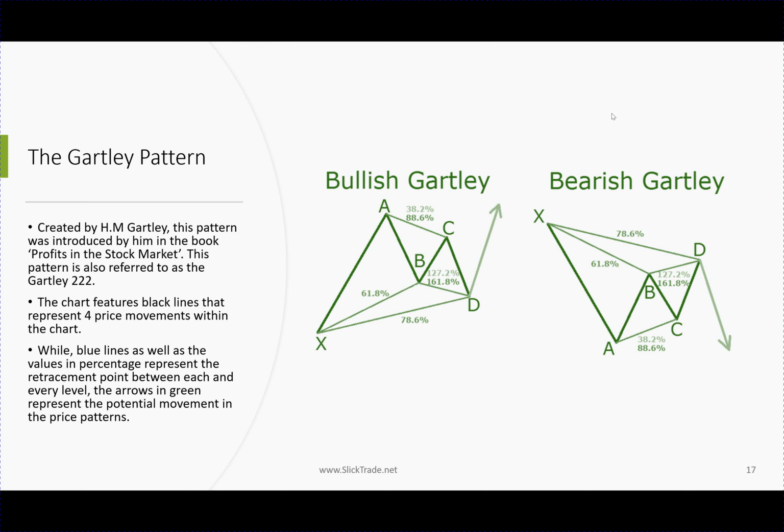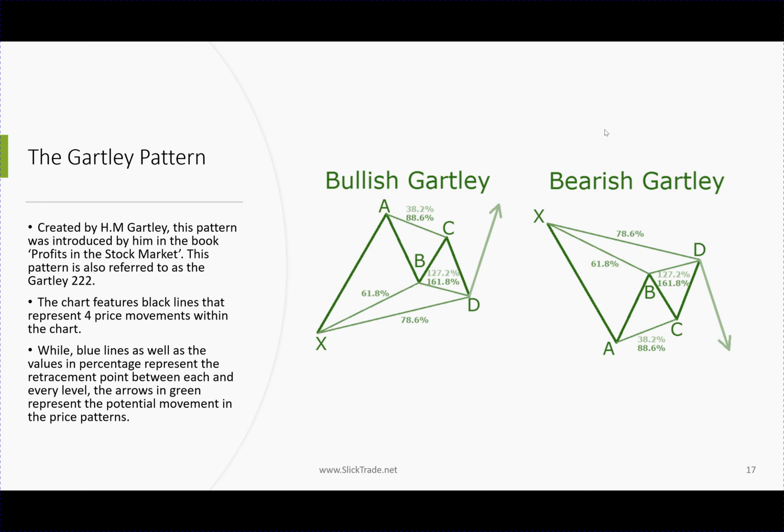Same with any other color references in these presentations. That is just the common color that you will see. Blue lines, as well as the values in percentage, represent the retracement point between each and every level. The arrows in green represent the potential movement in price patterns.